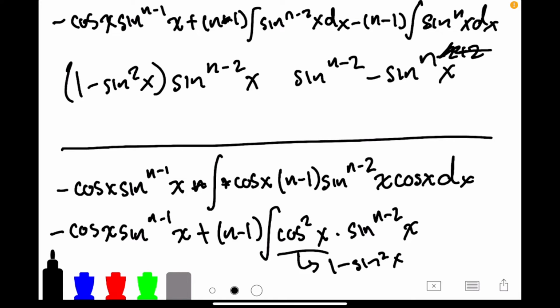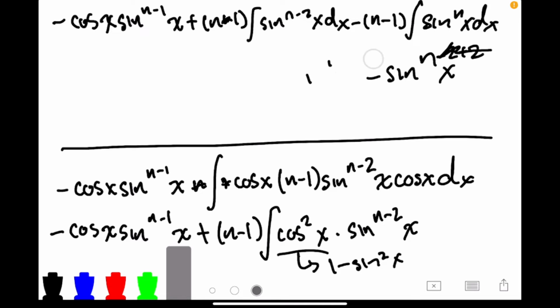So it took me a while there, but you still get back to the regular sine n x. That's where the minus comes in as well.